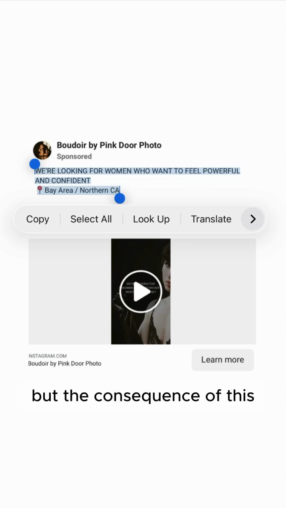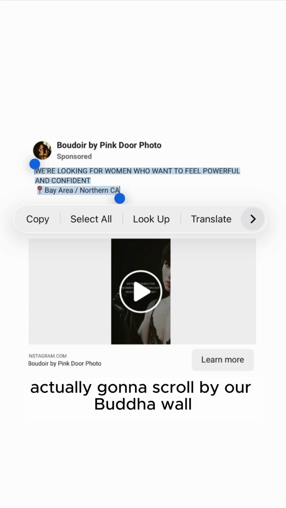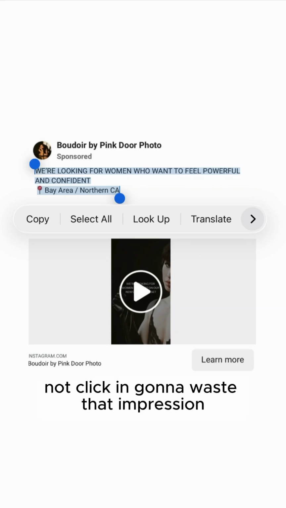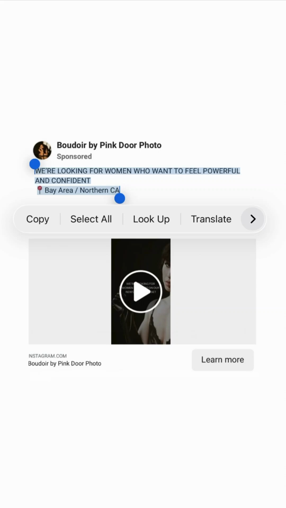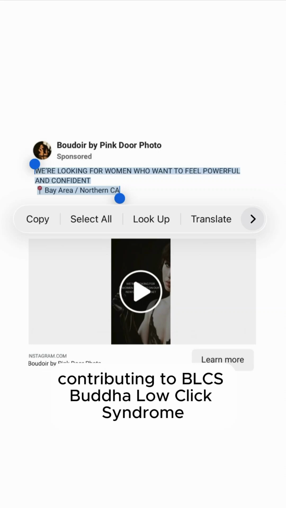But the consequence of making this mistake is way more women going to scroll by our Boudoir Facebook ad, not click in, wasting that impression, bringing our unique CTRL under 6%, contributing to BLCS, Boudoir low click syndrome.